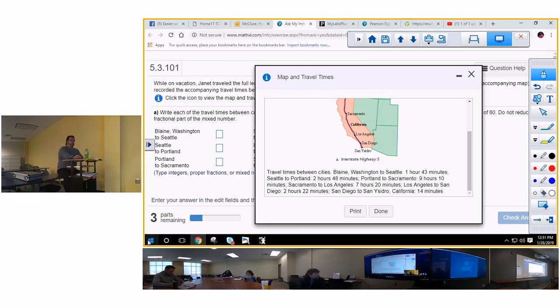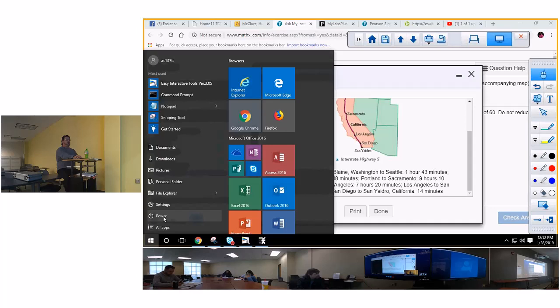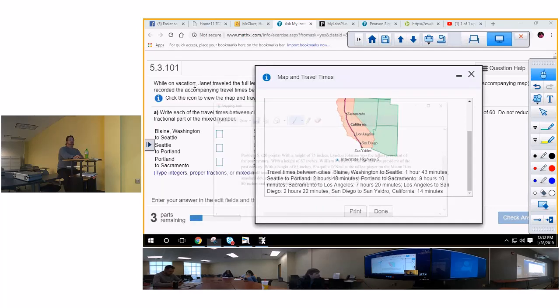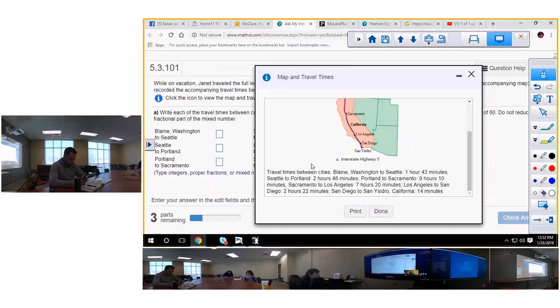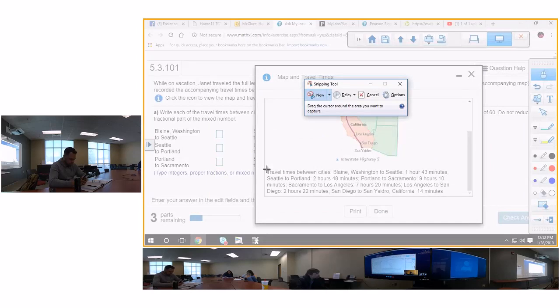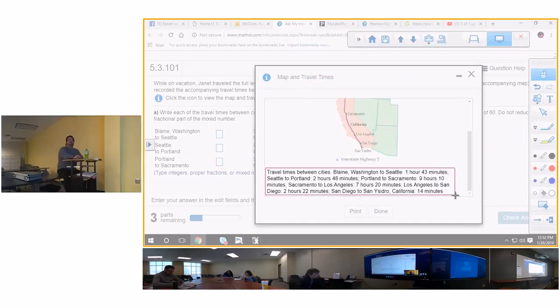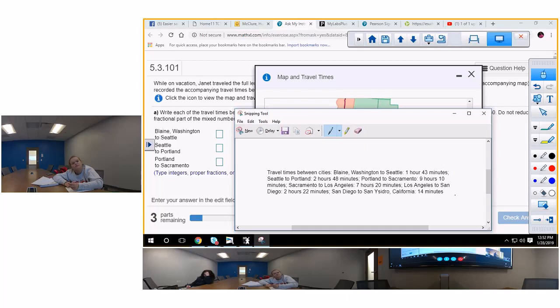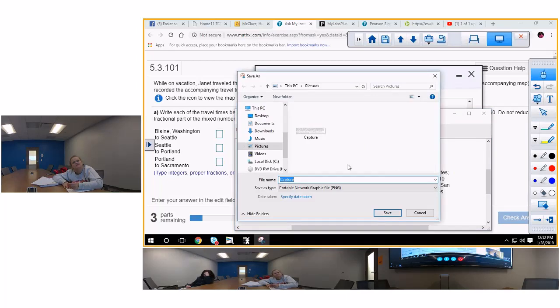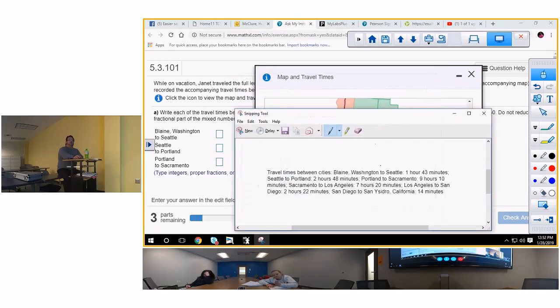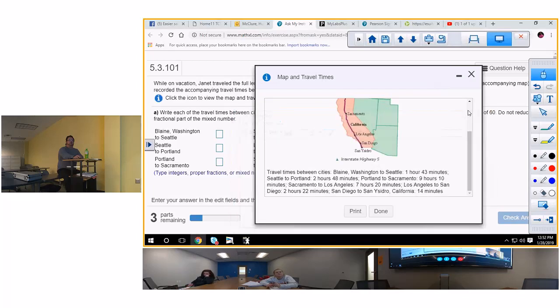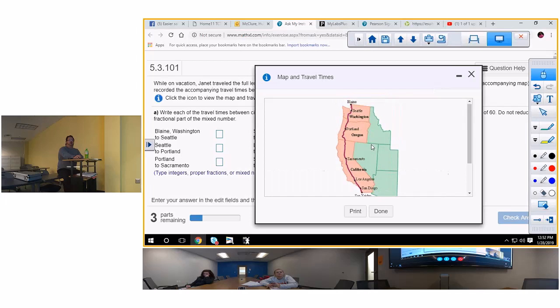Snip. There we go. And it said to make all of them a mixed number, right? Is that what it said to do? We don't need the map, do we?